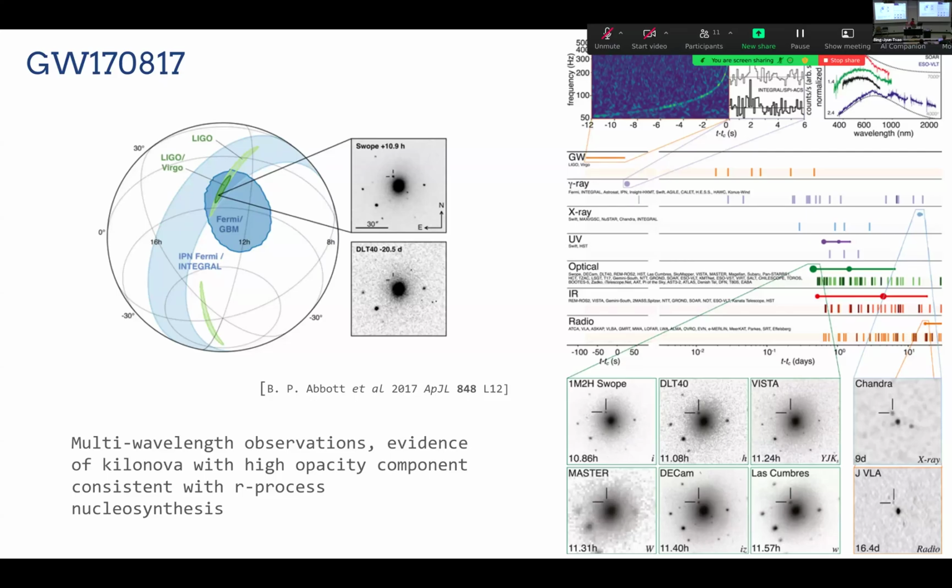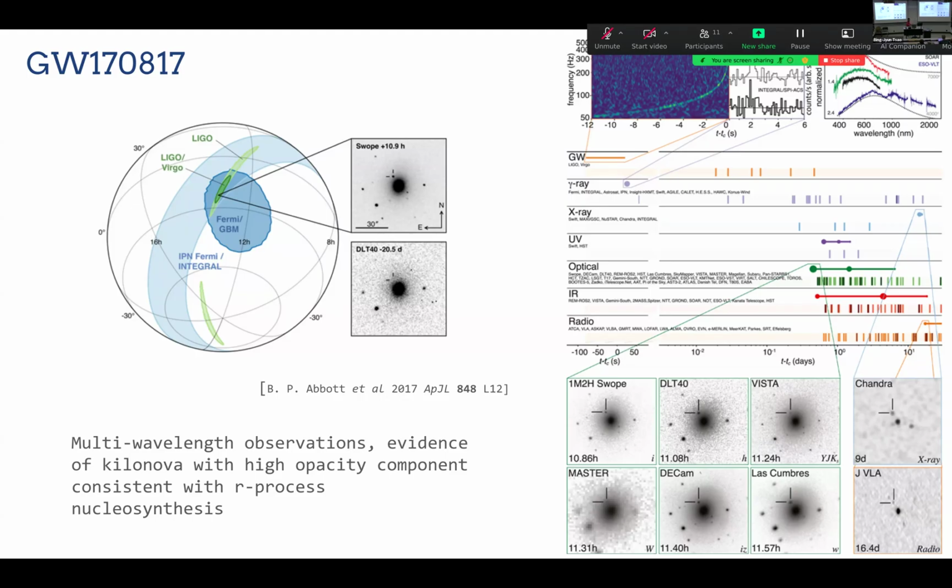You expect to see more of these events as the accuracy of gravitational wave detectors improves, and as you have more and more of them. This can allow us to probe various questions in fundamental physics.